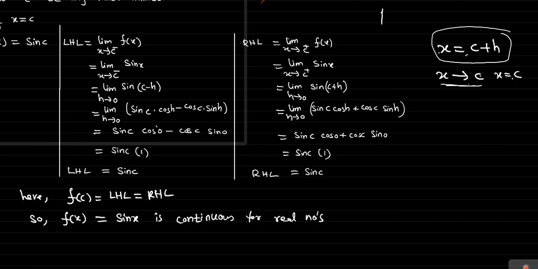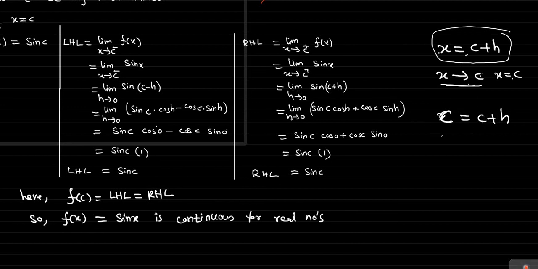See here, suppose I take 4. The close values of 4, like 3.99, 3.9, approximately it's equal to 4 only. So like that, considering x equal to c, if we substitute in this, what happens? Then c equal to c plus h. We are actually converting in terms of h.